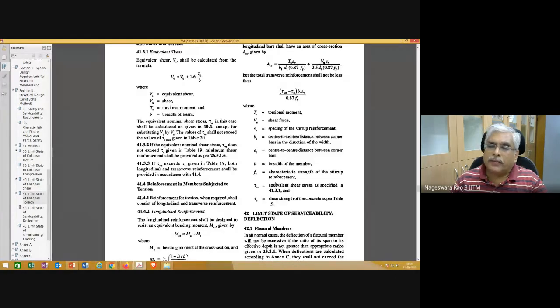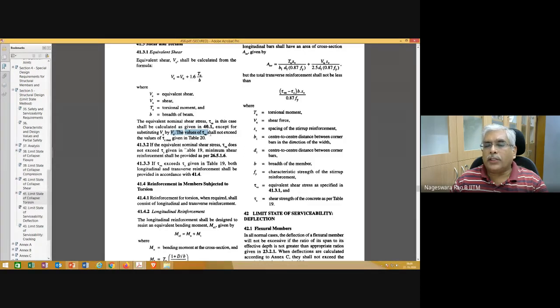Here, the value of tau V is nothing but the equivalent nominal shear stress, and it shall not exceed tau C max.